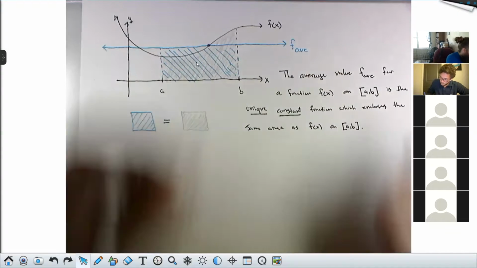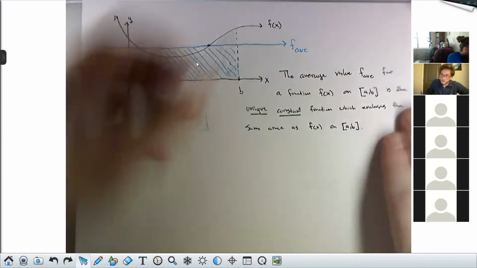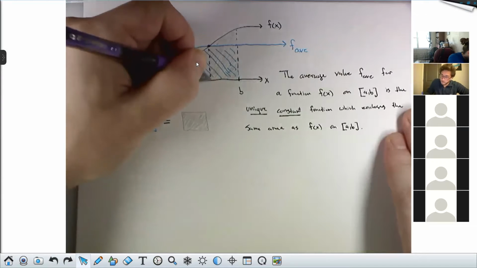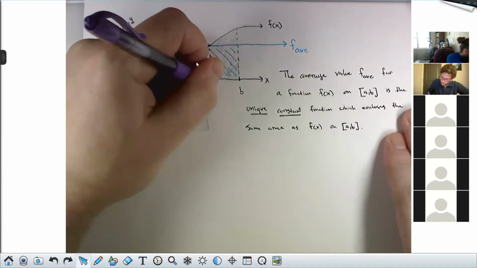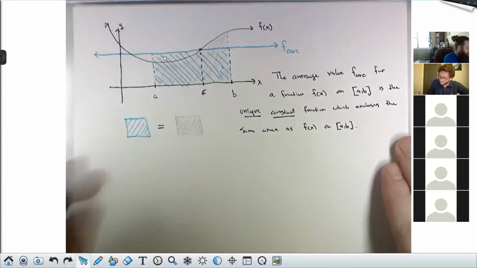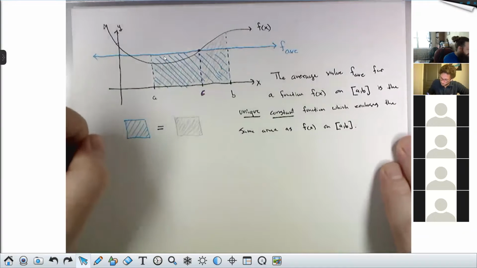And then the last kind of cool thing in here is the relationship with the mean value theorem for integrals. So in purple, I've added a label for the number where the blue hits the black. The mean value theorem for integrals. Let me remind you the original mean value theorem.